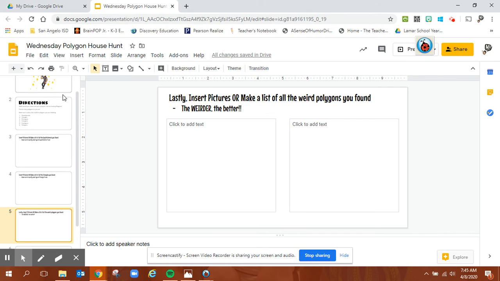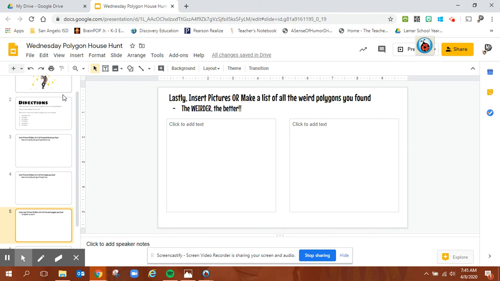And the last one, you can insert or make a list of all the weird polygons you found. Okay, so that's like if you found an octagon in your house, that would be a weird polygon, right? Like I said earlier, if you found a decagon, and a decagon has 10 sides, because deca tells us that it's 10, you could write that down, okay?